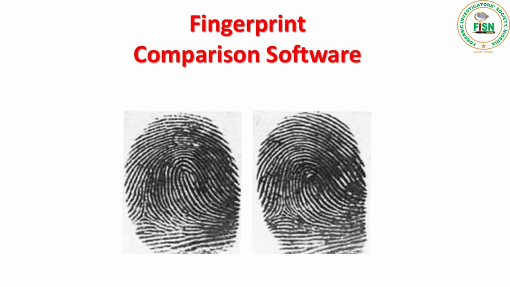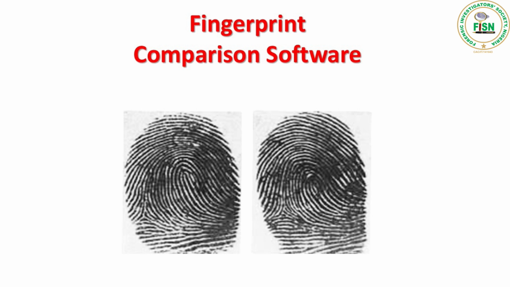Also, we have fingerprint comparison software. They are not AFIS, but they are comparison software. What they basically do is allow the two fingerprints to be scanned and uploaded into the software, and they will be compared.